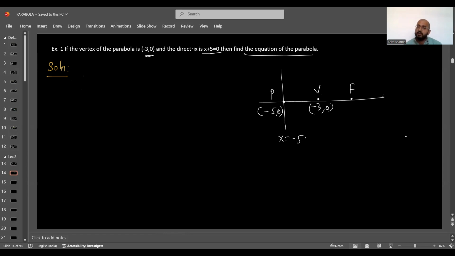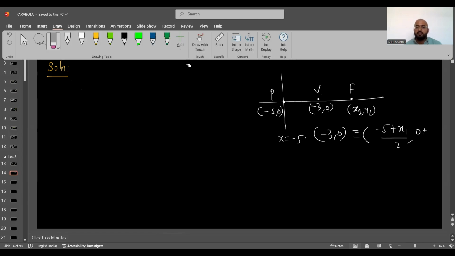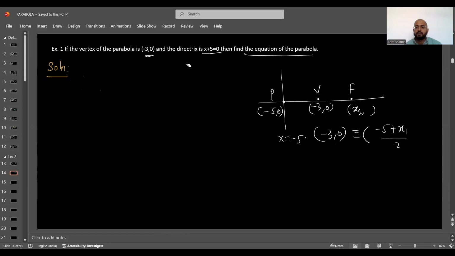Now I know that the vertex is the midpoint of P and F, so F I need to find out. Say this is my point (x1, y1). So (-3, 0) equals ((-5 + x1)/2, 0). The y-coordinate is anyway going to be 0 only, so there is no point in finding it.